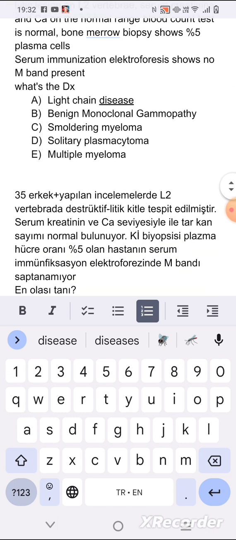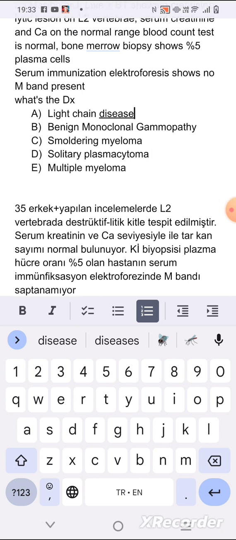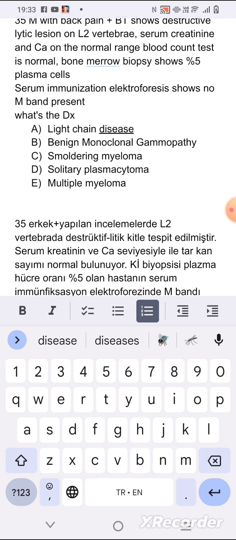So light chain disease, choice A, is wrong because serum electrophoresis is normal, which means we don't have any light chains, right?